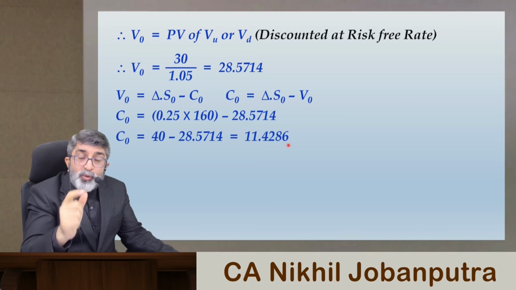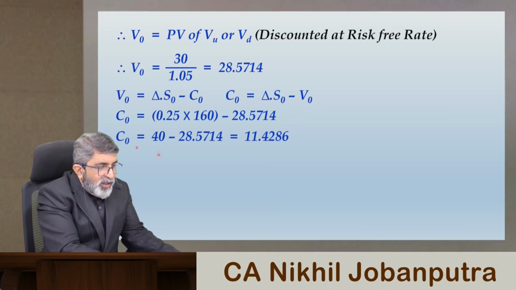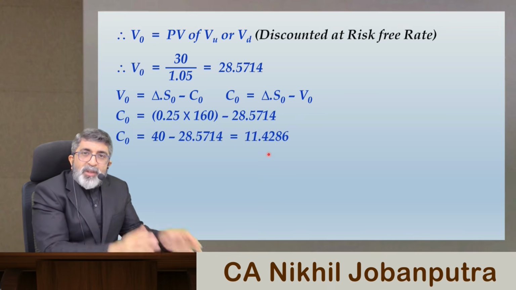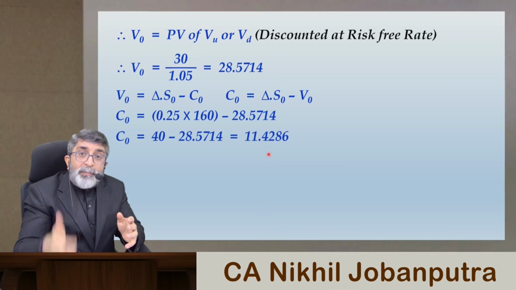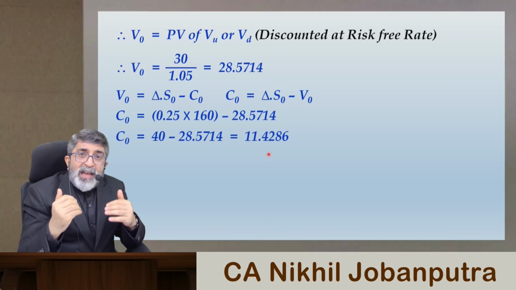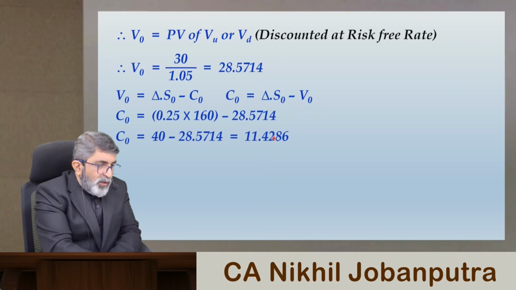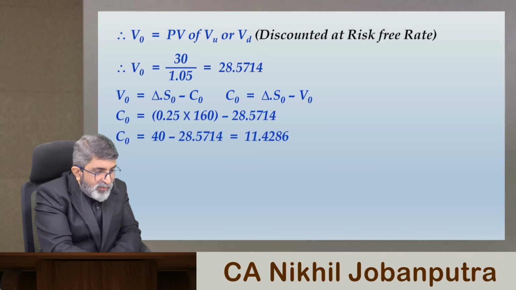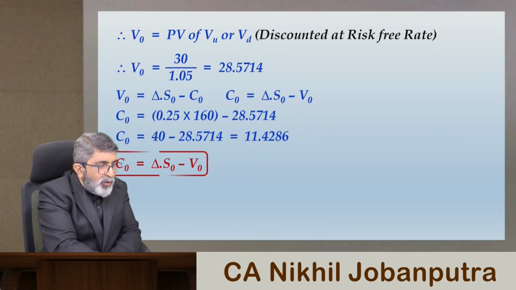The C0 value which we got from the binomial model was also this. Now this is the computation of the value of call using portfolio replication, where we have applied the concept of delta hedging. Now if you understand this line, if I rewrite it symbolically, the left hand side is C0.